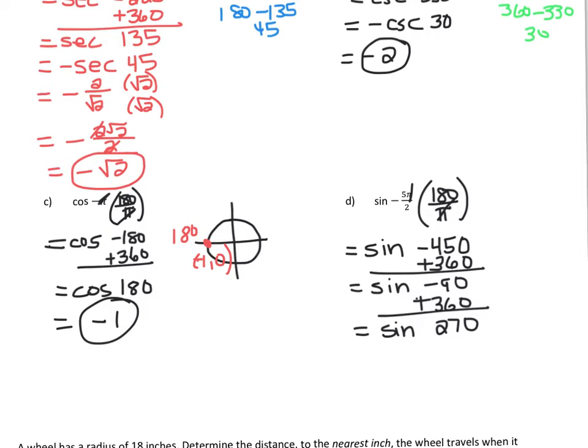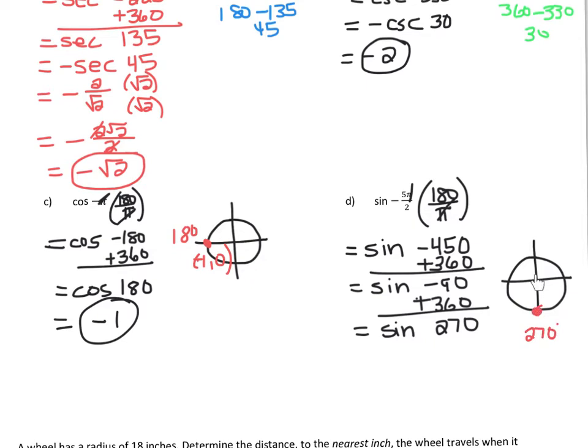Okay, now again, just like the last one, this is a quadrantal angle. It's not in a quadrant, it's on one of the axes. So when that happens, we draw out the unit circle. Let's think about where 270 degrees is. If you go 90, 180, 270, this down here is where 270 degrees is. So we're concerned with the coordinate at this point.